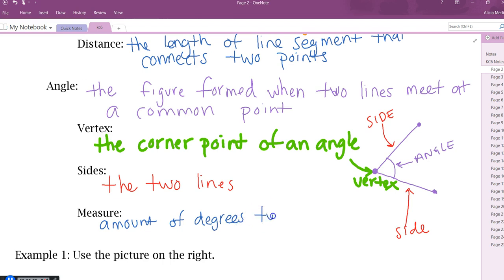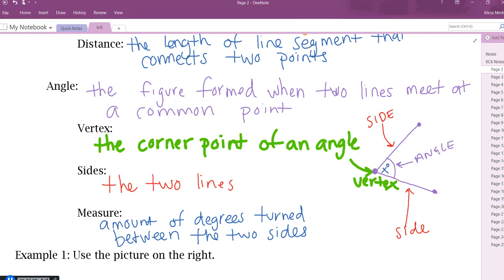Degrees turned between the two sides. Right, so the measure of an angle would be whatever this amounts to. So this would be whatever degrees of that angle would be.